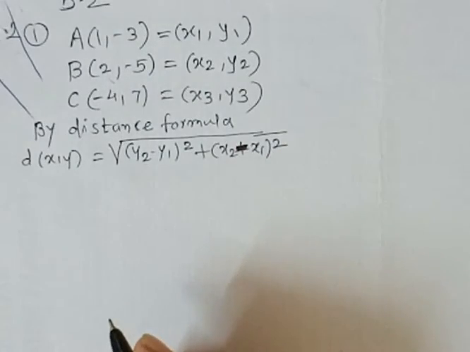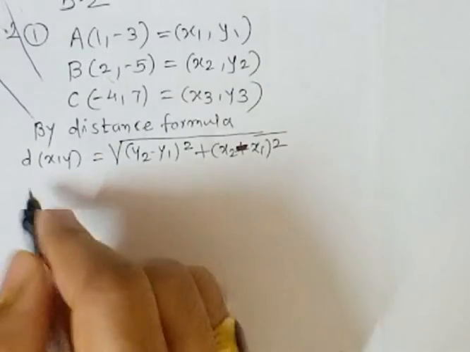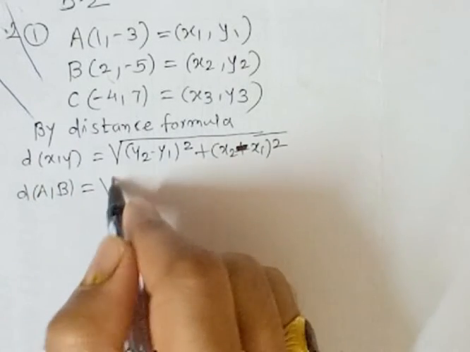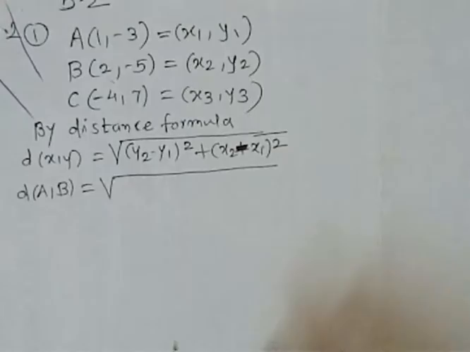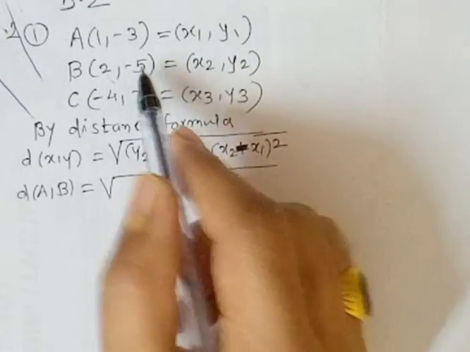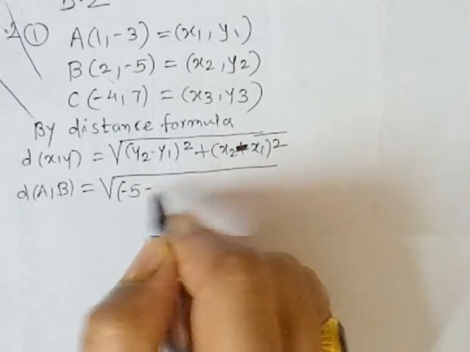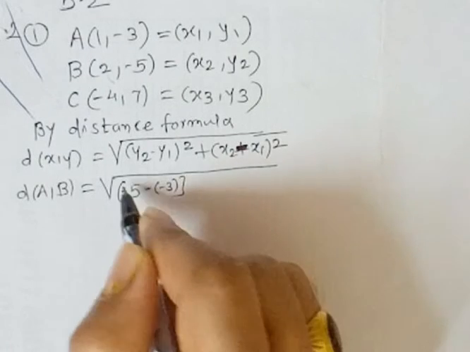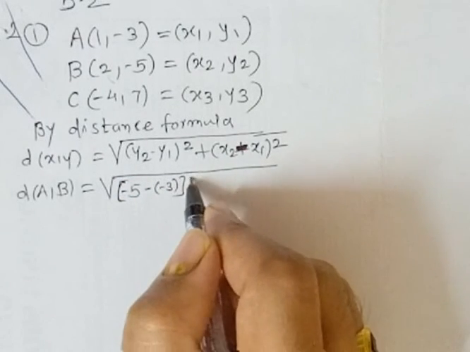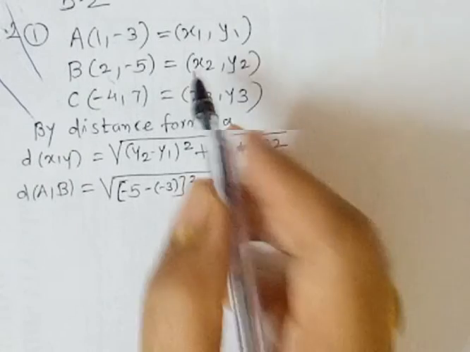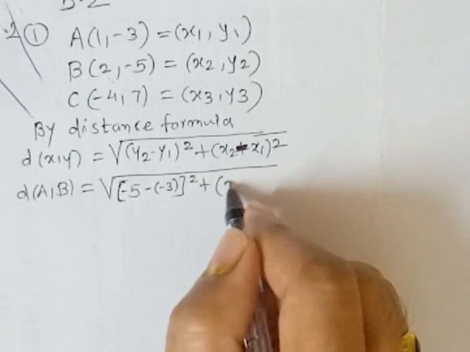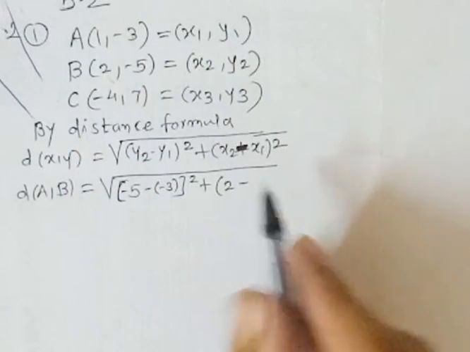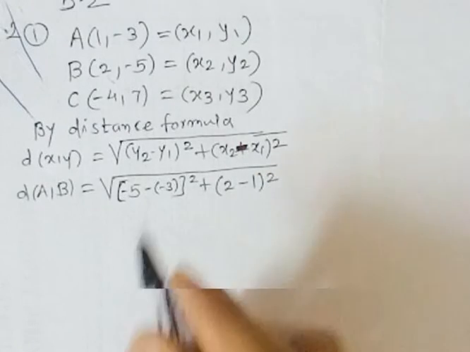Now use this distance formula here, we have to find first distance AB is equal to under root. Now which is y2, here y2 is minus 5 minus y1, which is minus 3, minus 5 minus 3 to the whole square plus x2 is 2 minus x1, here x1 is 1, 2 minus 1 to the whole square.